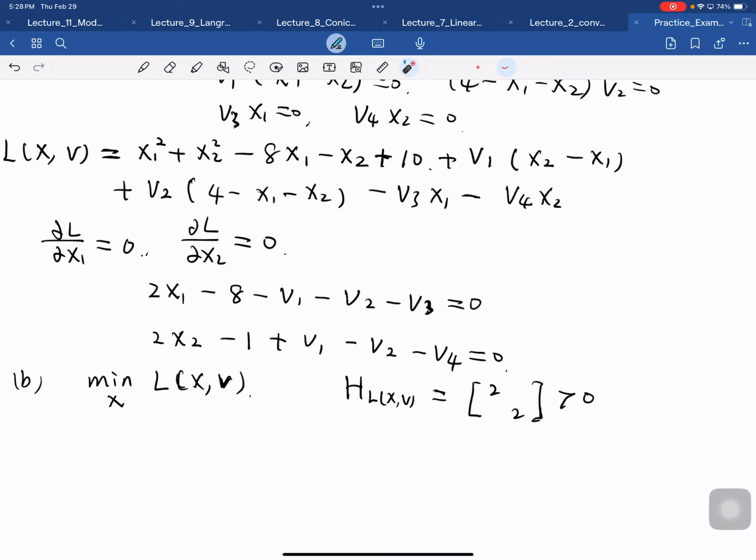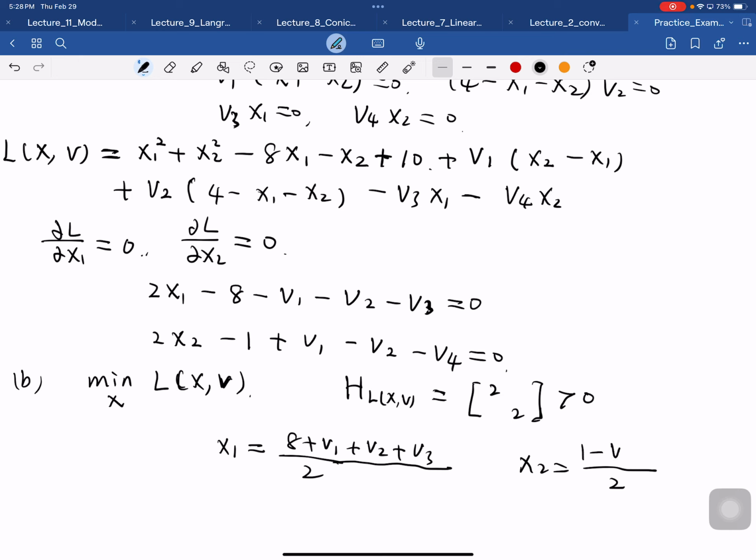So here x1, you just follow those stationarity conditions. x1 equals 8 plus v1 plus v2 plus v3. Okay, and x2 equals... okay, so that's the solution of setting the gradient of the Lagrangian to 0.